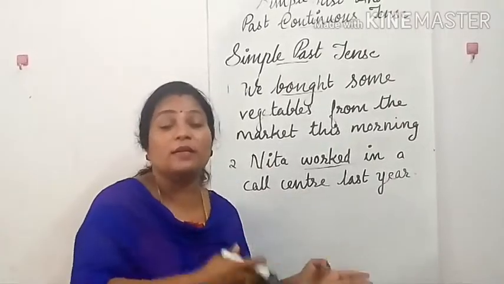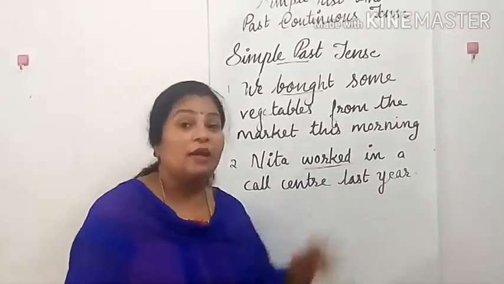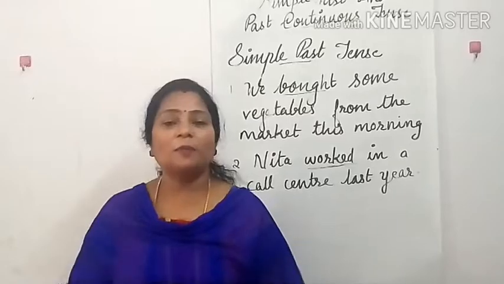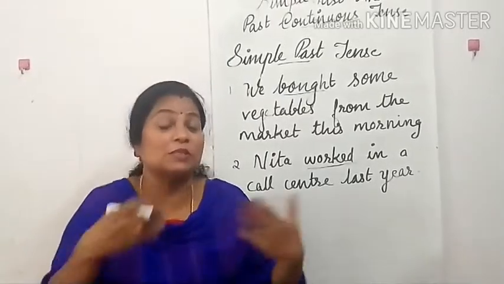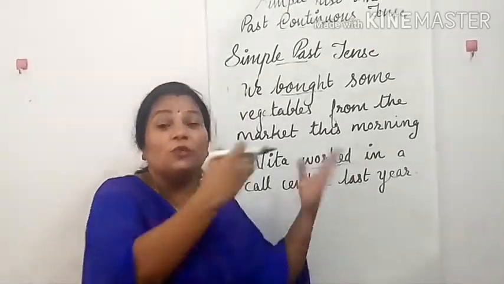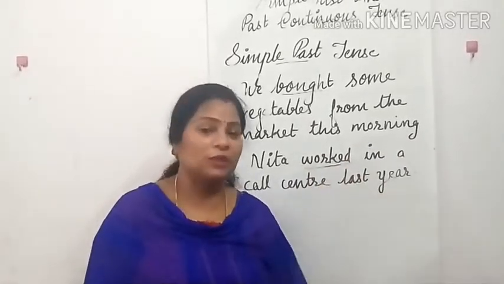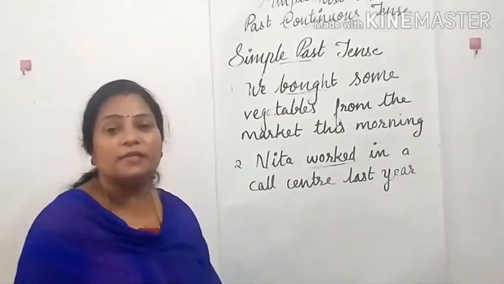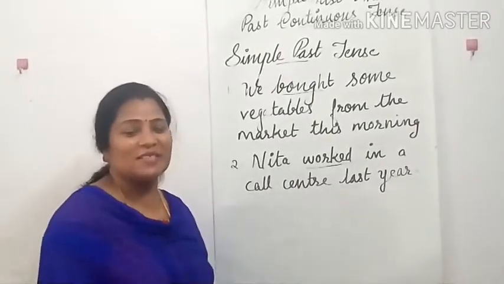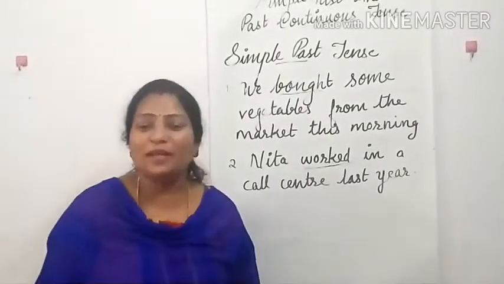When? Last year. That means at present it is 2020, so she worked in the year 2019. A year that has gone by. So again here it is in the simple past tense. Hope this is very clear to you.